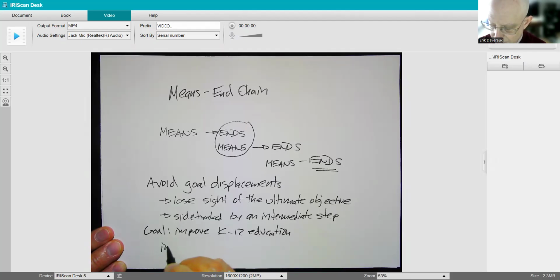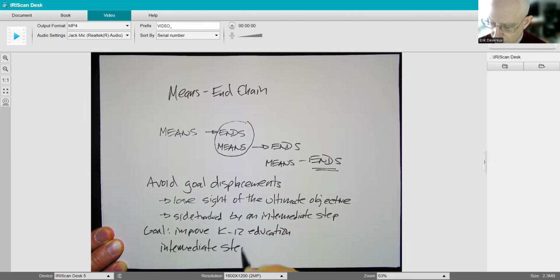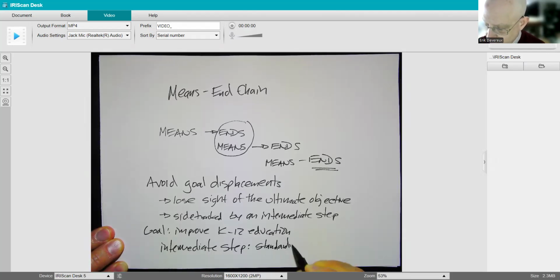And an intermediate step that always comes up in this effort to improve education are standardized tests. Standardized tests are very specific. They can be highly quantified and focused upon.